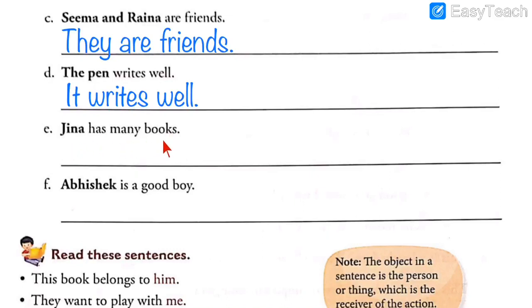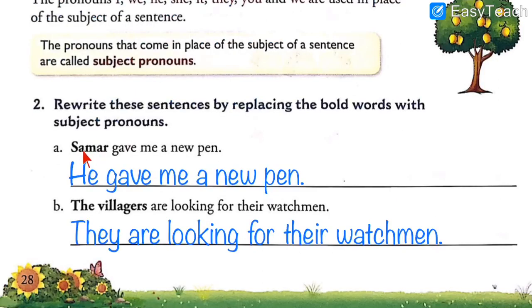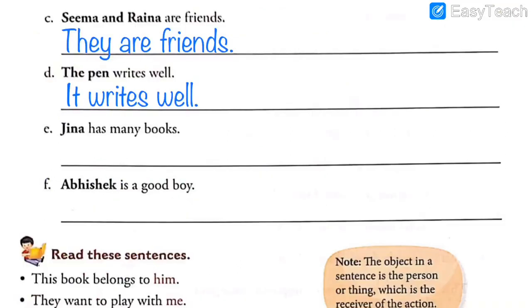So what do we have to change? What is the highlighted font in bold? That is Gina. Gina is the name of a girl. So in the first one, for Sameer, we used he. Similarly over here the name of a girl is given, so we use she. Instead of Gina we use she.